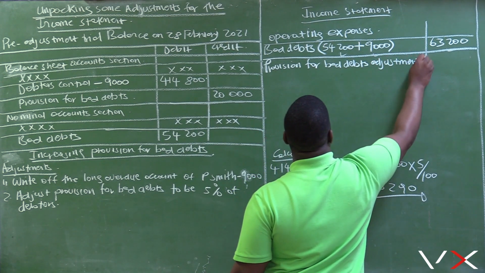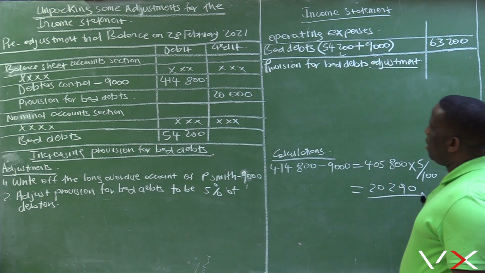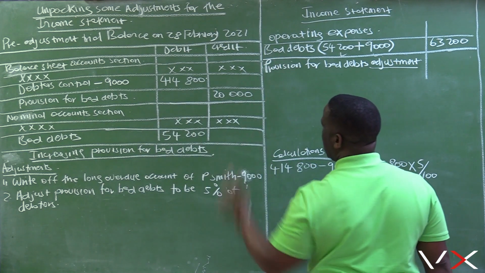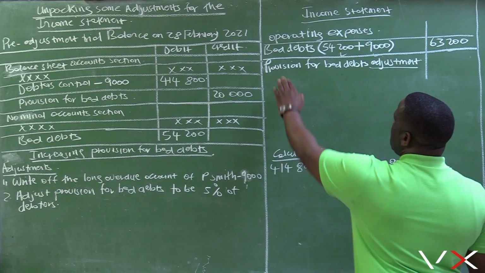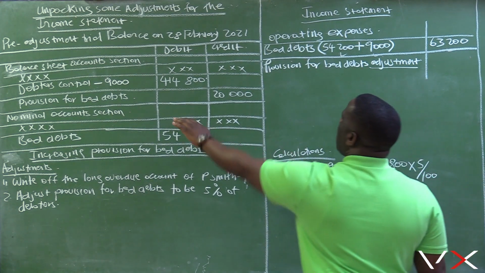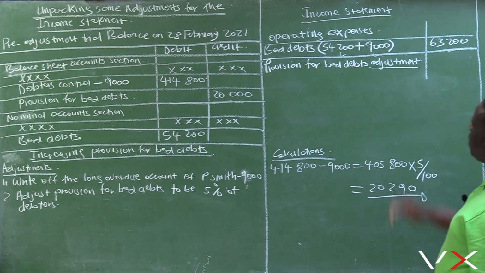It's not the same account. This one is strictly for an adjustment. Remember, provision for bad debts falls under the balance sheet account section. But provision for bad debts adjustment is a nominal account. It falls under the nominal account section and is part of your income statement.